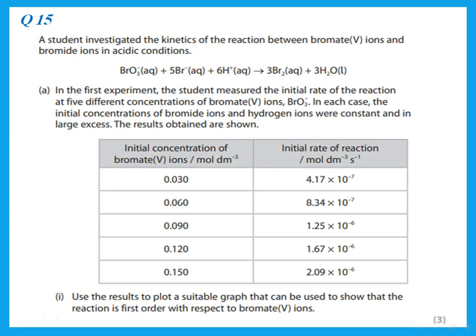A student investigated the kinetics of this reaction, again bromate with bromide with H+. Notice that this kind of reaction is repeated many times. In the first experiment, the student measured the initial rate of the reaction at 5 different concentrations of bromate ions, used the results to plot a graph and show that the reaction is first order.